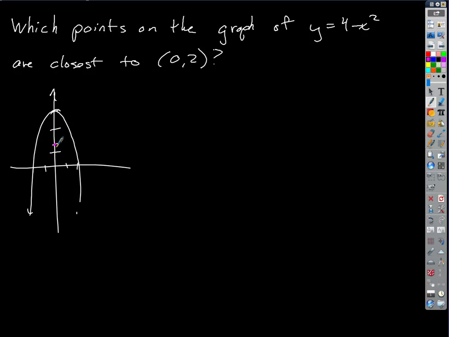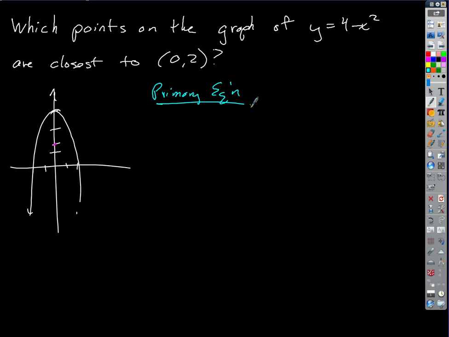Okay, our closest. So let's translate that into a different question. What is the quantity we're trying to minimize or maximize? Distance. Okay, so we need a distance equation. What's that going to be? What's distance? Okay, right.